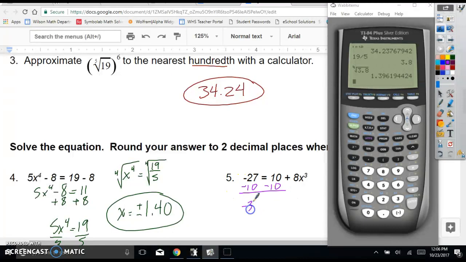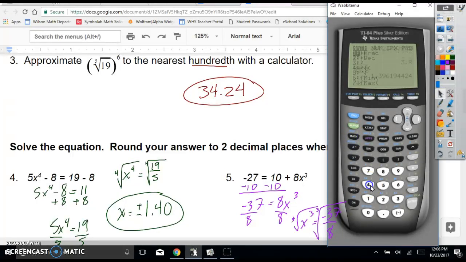Subtract 10, get -37 equals 8x to the 3rd. We're going to divide by 8. And I'm going to have x to the 3rd equals -37 over 8. We're going to cube root this. I have math 4.